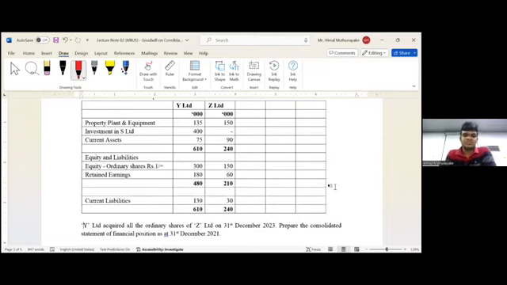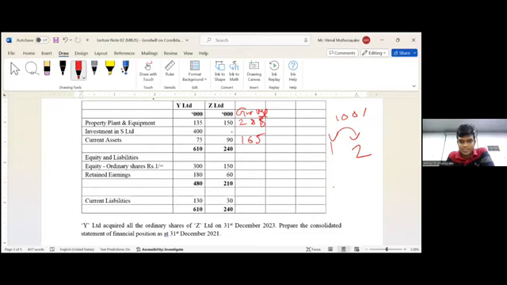Here also Y Limited acquires 100% of X, so you have to do the group accounts. 135 plus 150 is 285, and 75 plus 90 is 165, then 185.